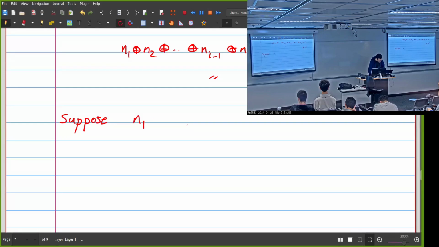Suppose that the XOR of all the ni's for i from 1 to k is not 0. I'm claiming that I have a move such that I can make this XOR into 0. Why do I have such a move? Why is it always the case that I can find such a move?